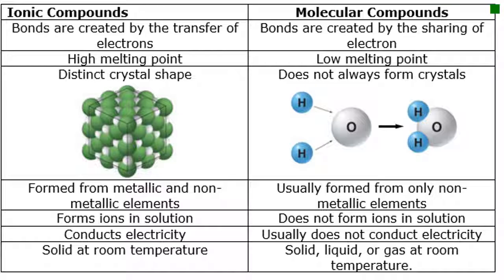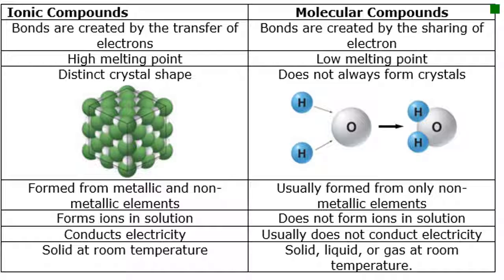Just think of sodium chloride, the salt, which has crystals. It's formed from a metal and a non-metal. It forms ions in solution, so when you dissolve it, sodium chloride will become Na+ and Cl- in water. Because it's ionic, it can conduct electricity, and it's a solid at room temperature.